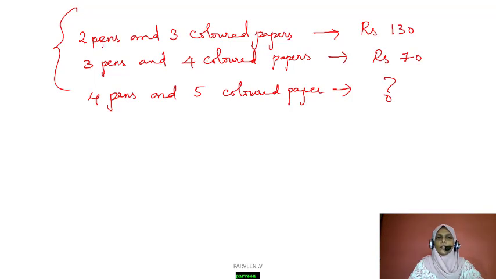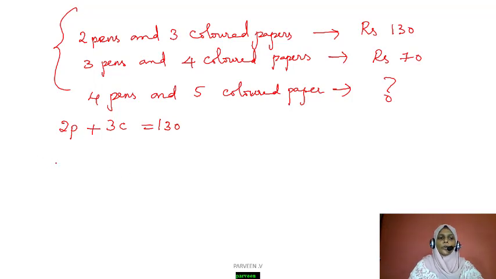If I take the cost of one pen as P, 2 pens would be 2P, and if one colored paper's cost is C, then 3 colored papers would give me 3C. So the total cost is 130.